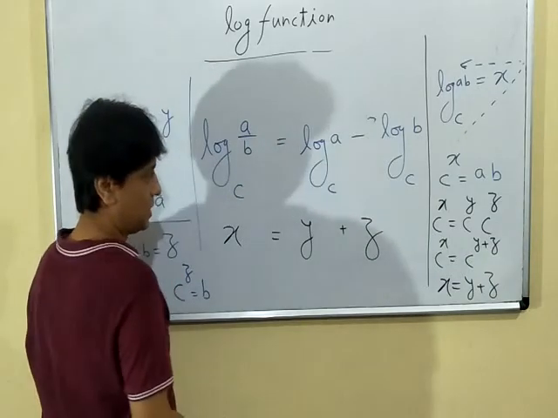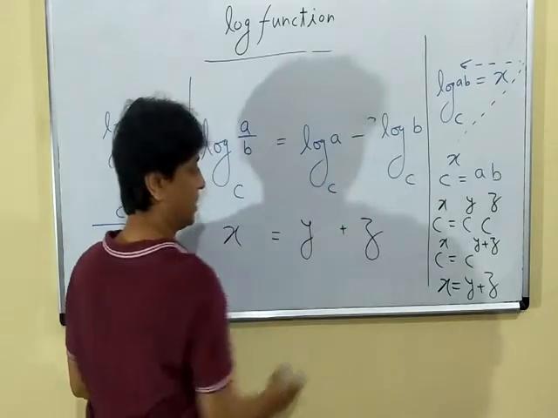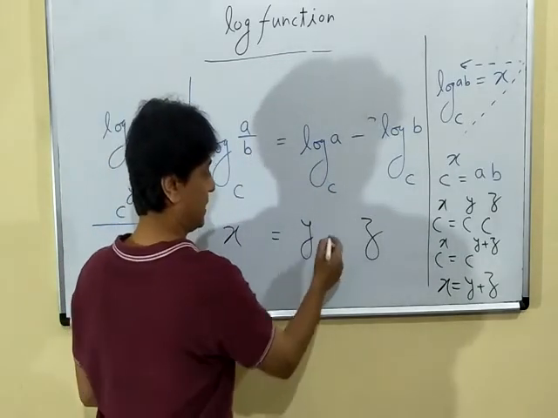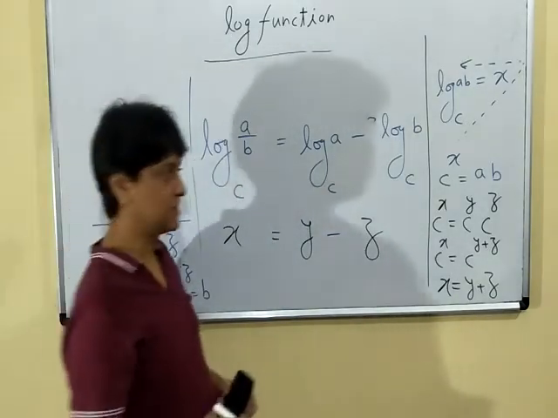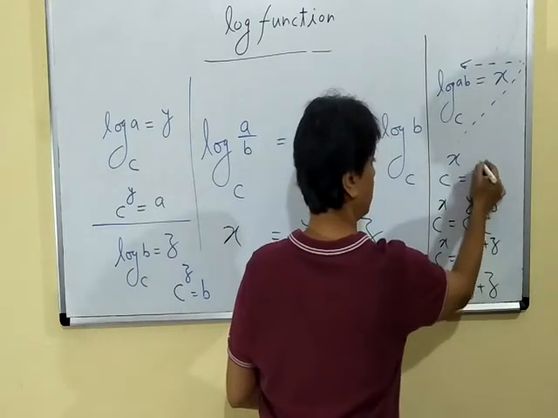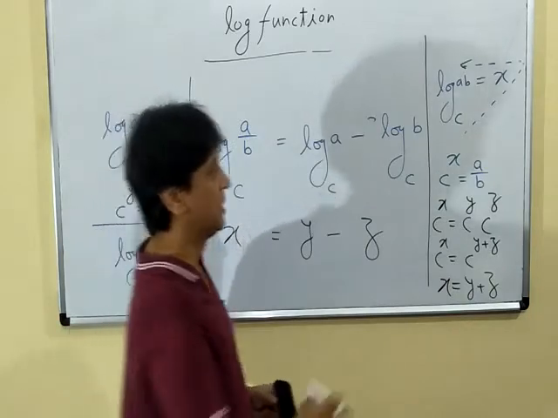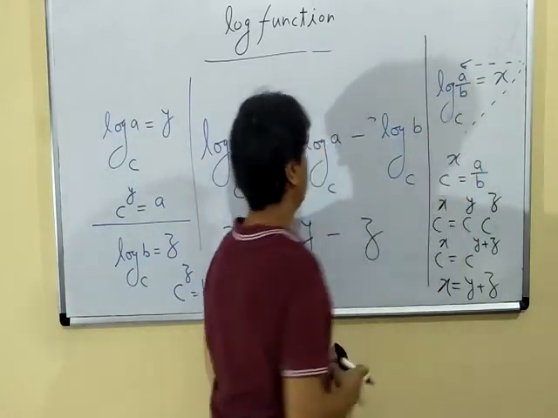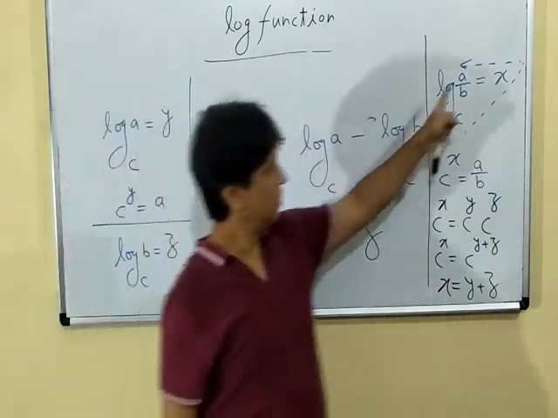और वो सॉल्यूशन भी आपके सामने है छोटे छोटे चेंजेस के साथ. क्या है वो सॉल्यूशन? अपने को प्रूव करना है log a अपॉन b is log a minus log b. Same story. We need to prove that x is equal to y minus z. But what is x? This time around x is a upon b. Left side, log a upon b is x.